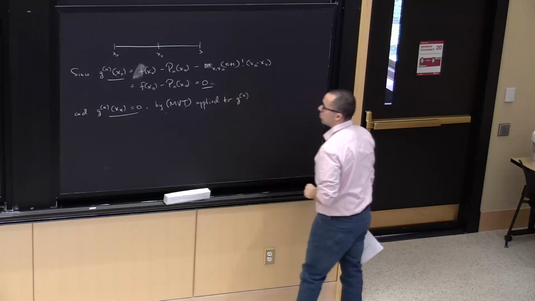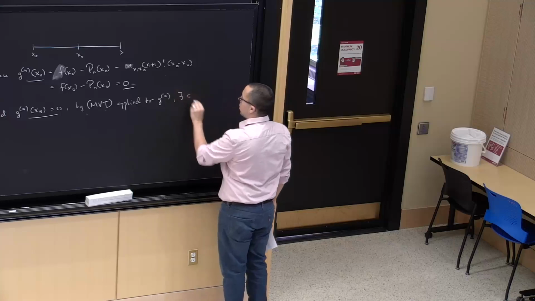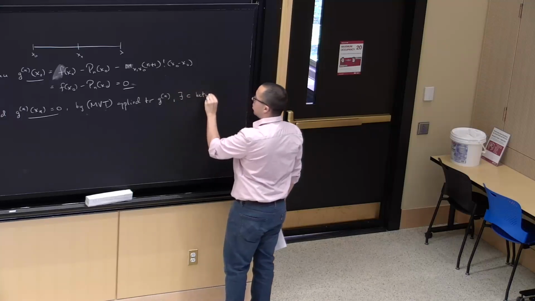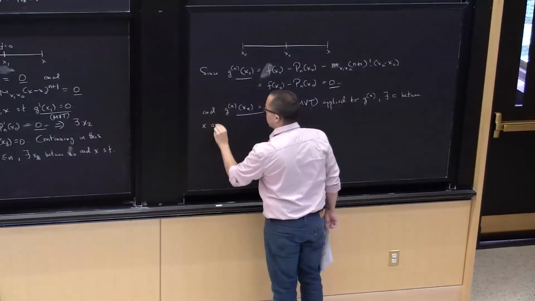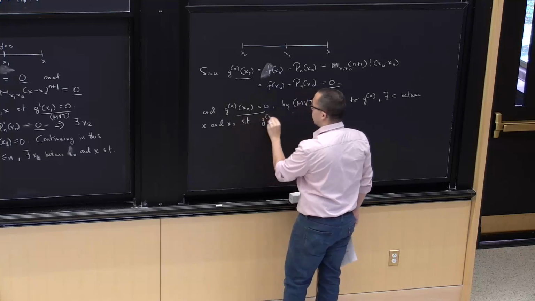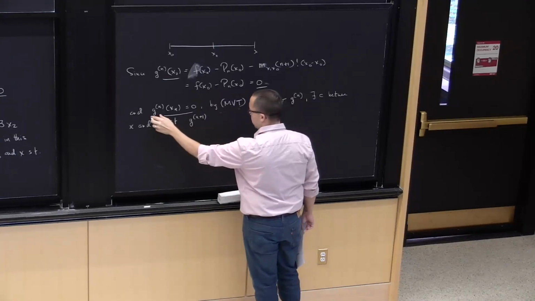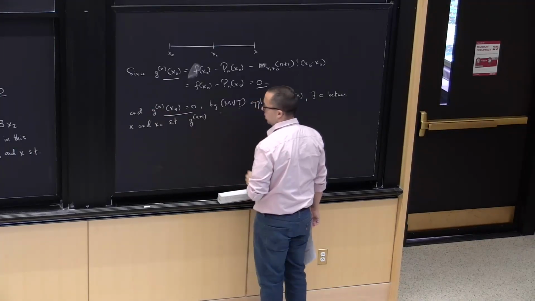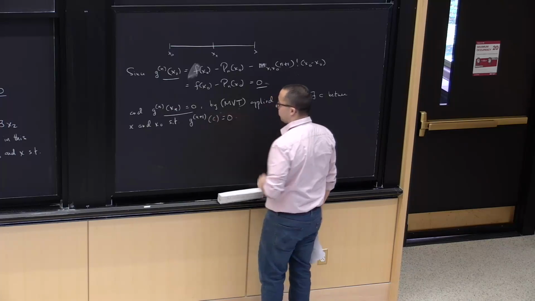So let me make that perfectly clear. There exists a number c between x and x0 such that the derivative of the nth order derivative of g, so the n plus first derivative of g, of c equals 0.